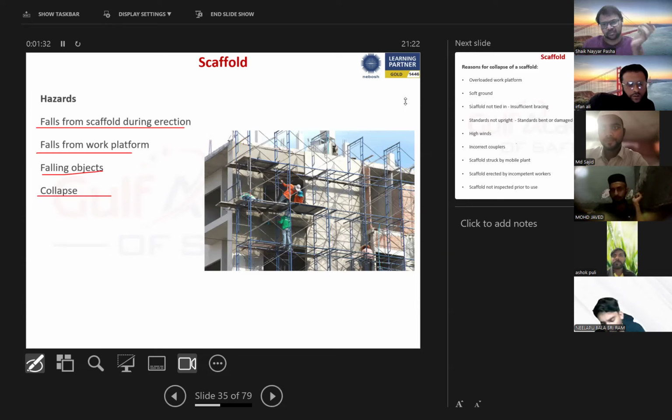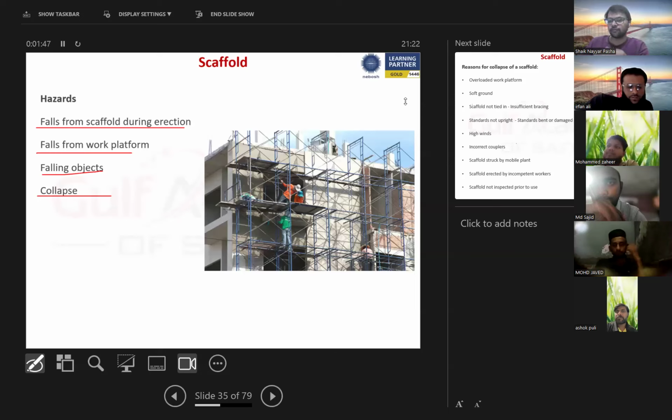Some unauthorized person might start installing a scaffolding. Or scaffolding not inspected regularly before use, or poor maintenance of the scaffolding, or poor inspection of the scaffolding. So all these are the reasons why there could be a collapse of the scaffolding.